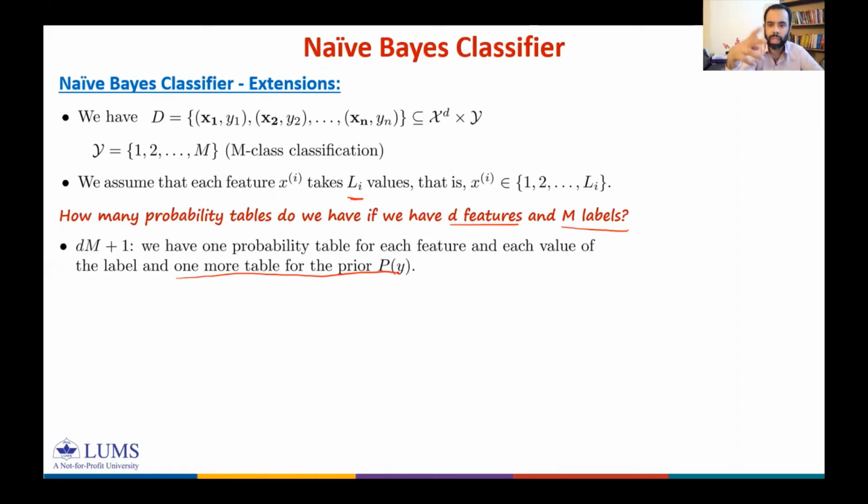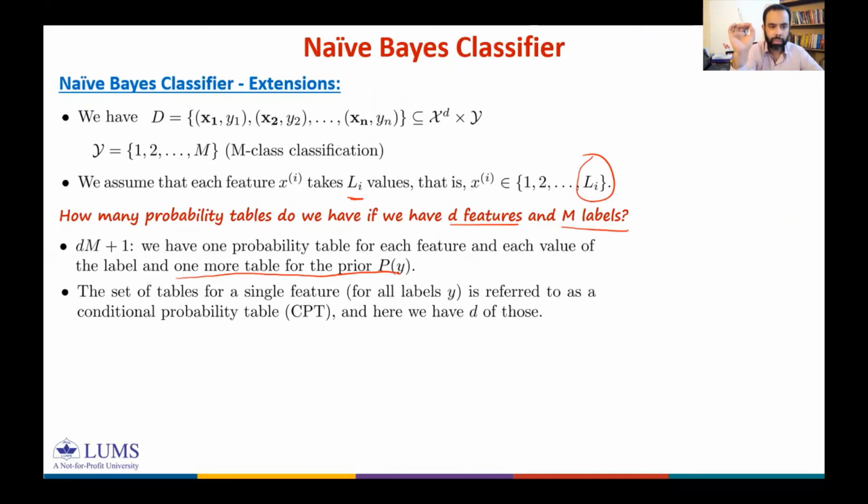And the size of each table depends on the number of values xi can take, because that depends on the value of li. The set of tables for a single feature for all labels is referred to as a conditional probability table. So we have conditional probability tables for each value of a single feature, but for all labels.